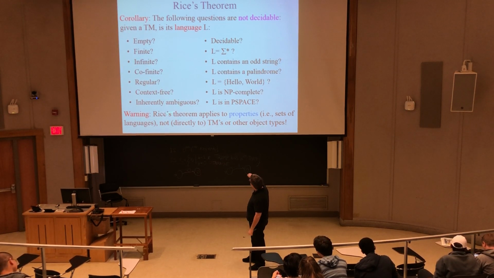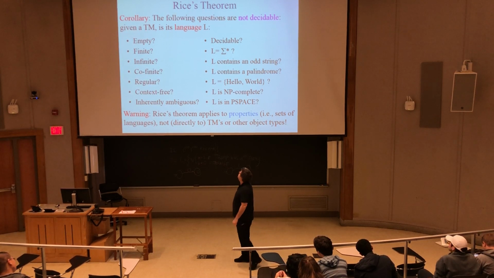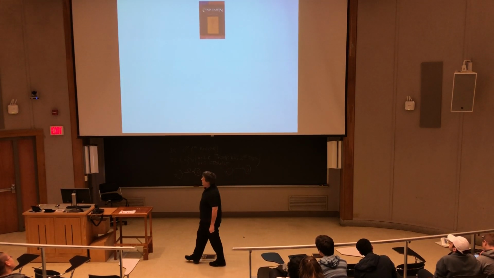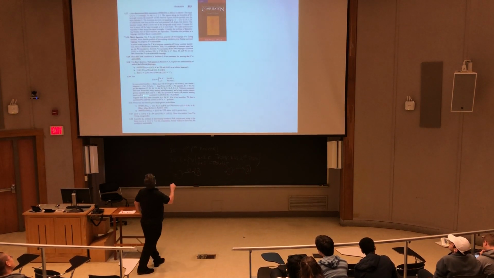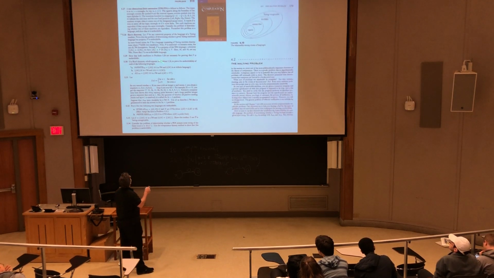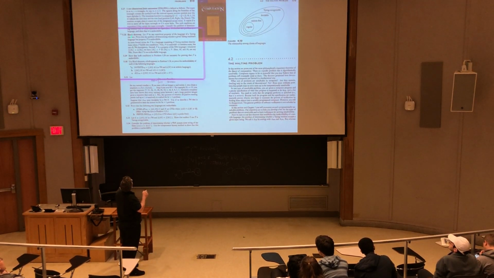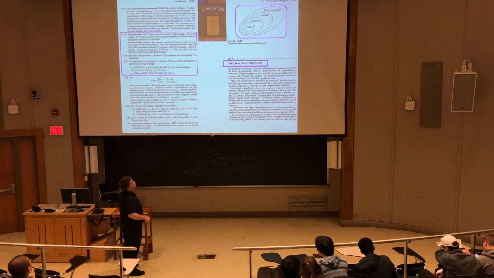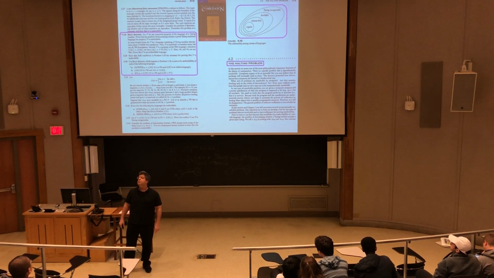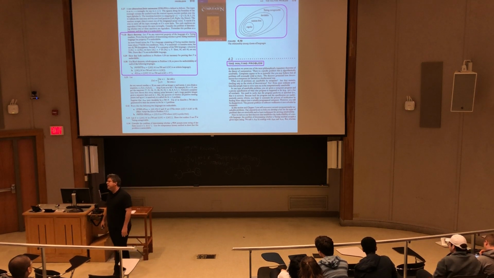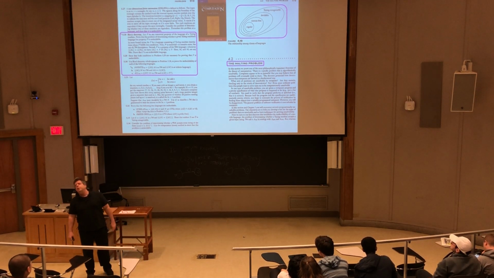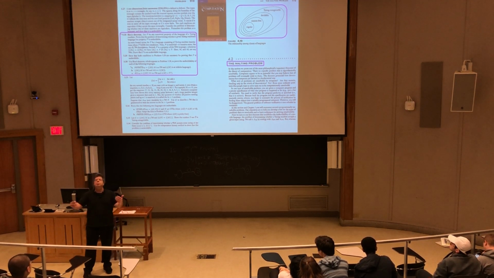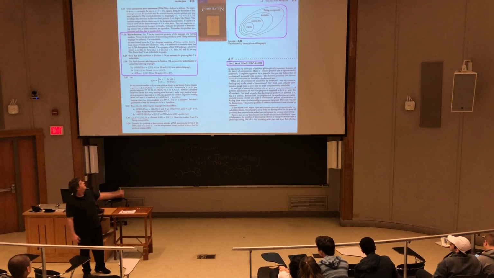Okay, so again, the caveat is it applies only to properties, not to other things. And in the book, on page 213, it's described as one of the problems. Problem number 5.28 basically says, prove Rice's theorem. I'm not sure what the author was thinking. I never give you a problem that hard to prove as an exercise.